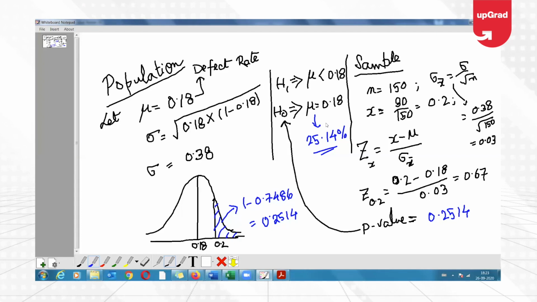It must have struck you that this time the p-value is really high. Ideally we want this p-value to be less than 0.05. Then only I can reject the null hypothesis.